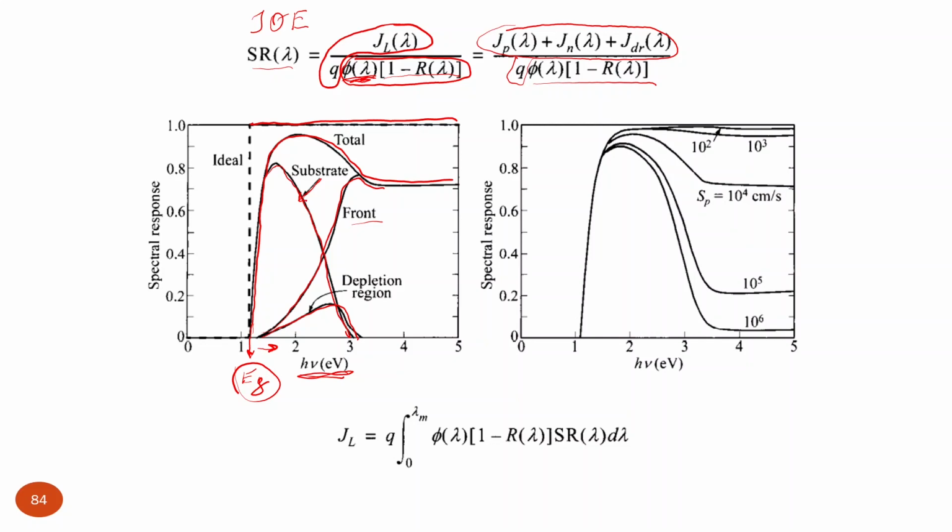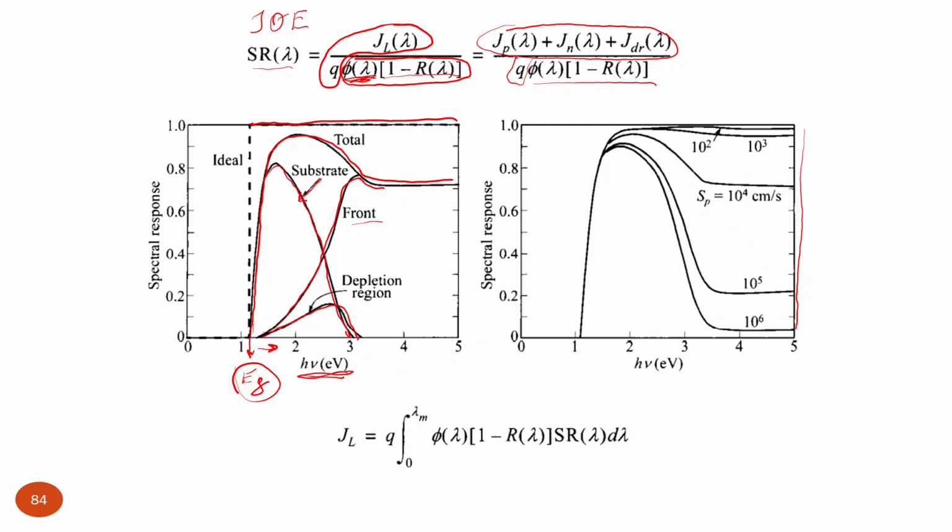Because then we will efficiently convert sunlight photons into electricity at each wavelength. And here we can show how surface recombination comes from one of the boundary conditions for the continuity equation for the photocurrent which we considered.